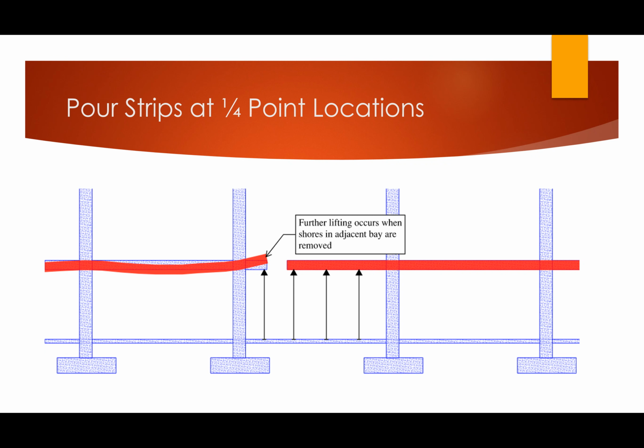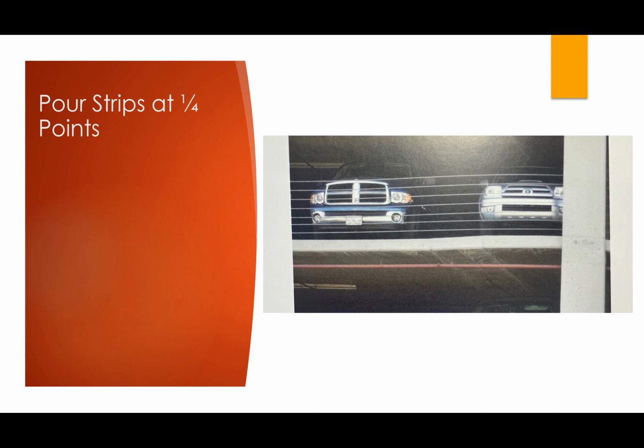And so those two can compound each other and ultimately lead to a situation that looks something like this. This is a real photograph, obviously. I got this from a textbook. This is not one of our projects. But we have had a project or two where some similar type of effect did happen.